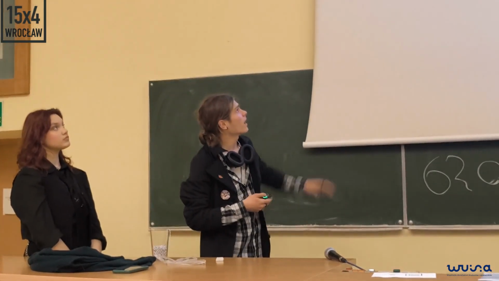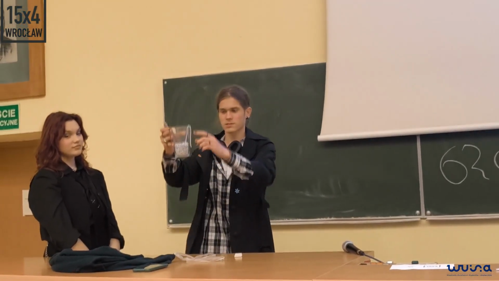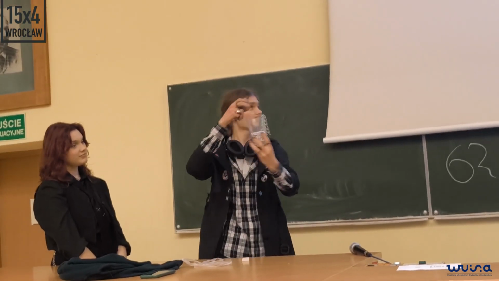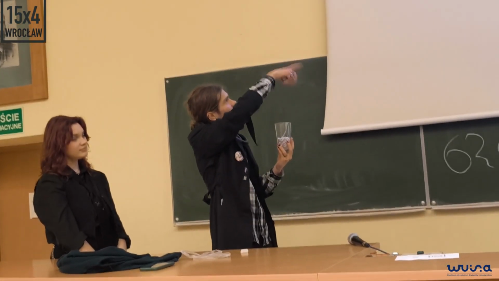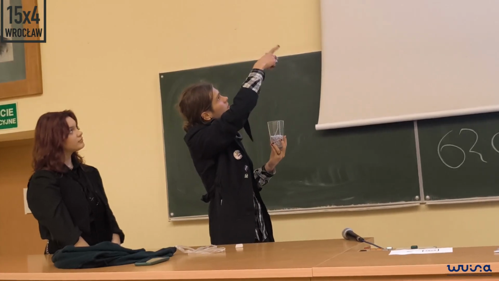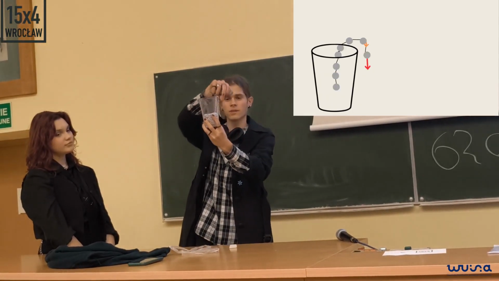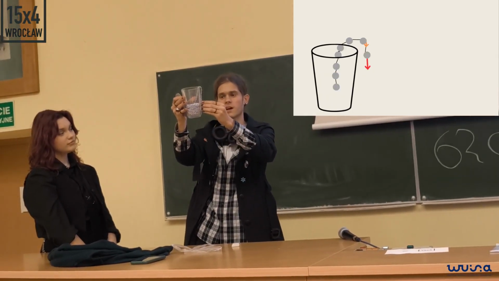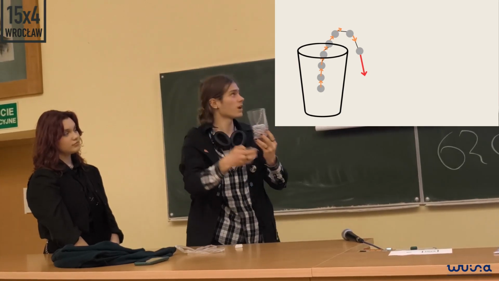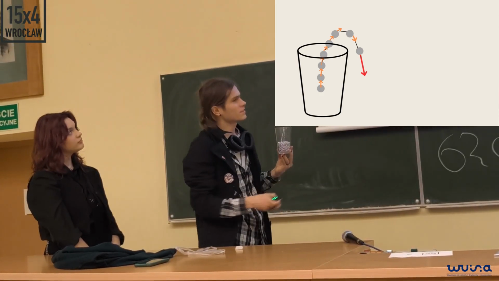So when the gravity acts on this chain, they automatically give this force to the other chain, and this chain goes to the other chain. So when I pull this, I will pull all the chain on this side.